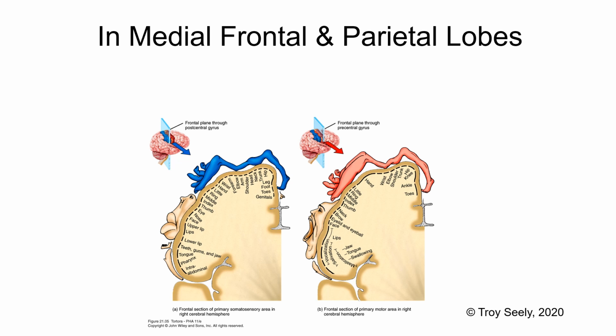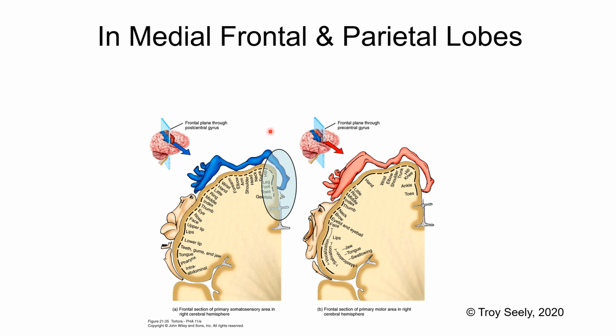This is demonstrating it for the right cerebral hemisphere. Looking at the sensation-based region, in this somatosensory area of the right cerebral hemisphere, notice that it's mostly involving the toes, foot, leg, and hip.